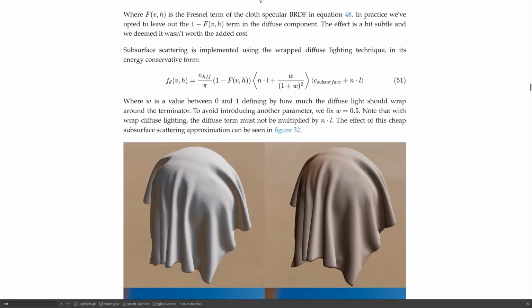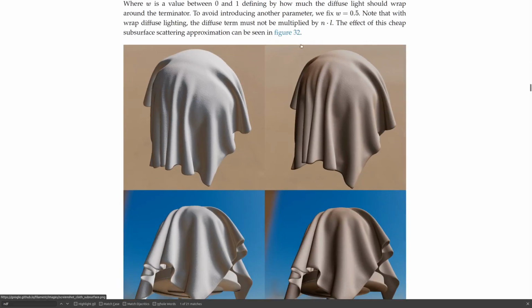Where w is a value between 0 and 1, it's defining how much the diffuse light should wrap around the terminator. Interesting. To avoid introducing another parameter, we fix w to 0.5, so this will simplify to a constant. Note that with this wrap diffuse lighting, the diffuse term must not be multiplied by n dot L. The effect of this cheap subsurface scattering approximation can be seen in figure 32.